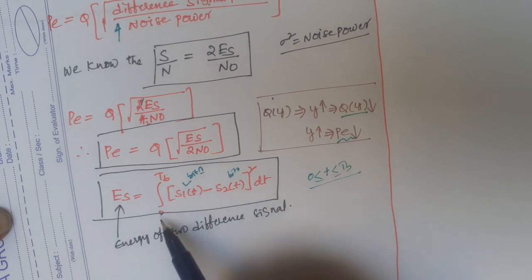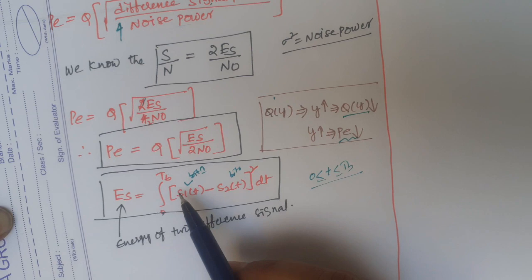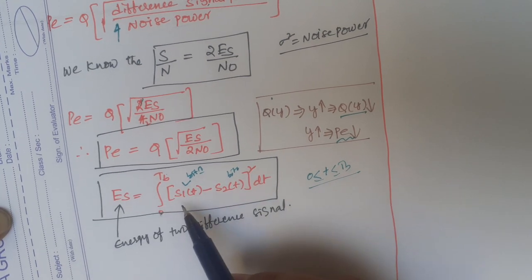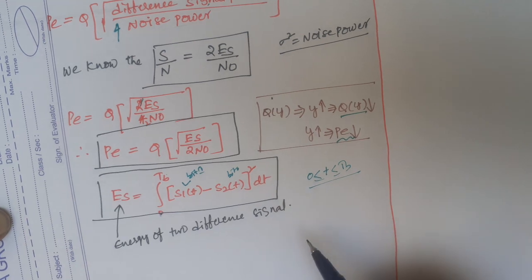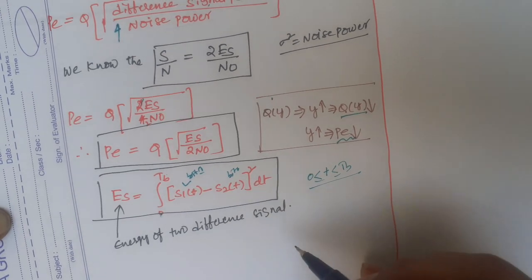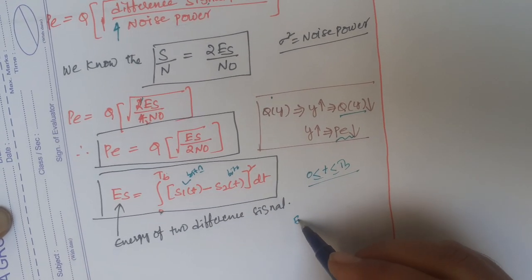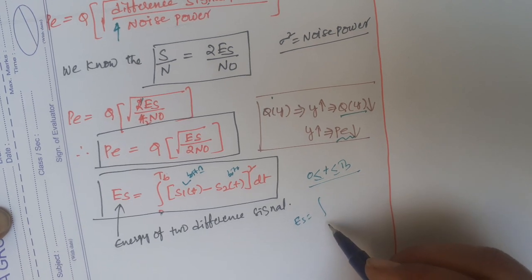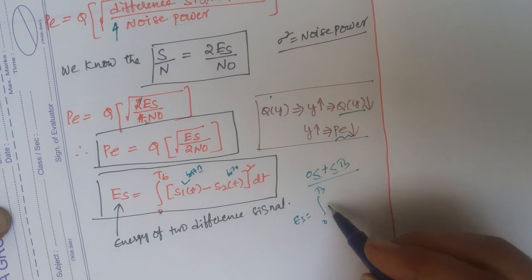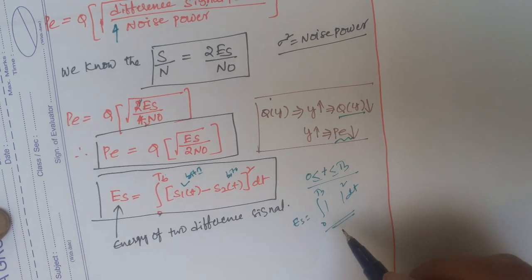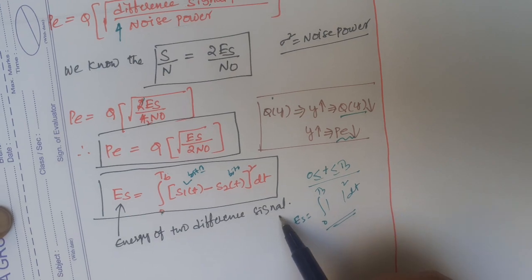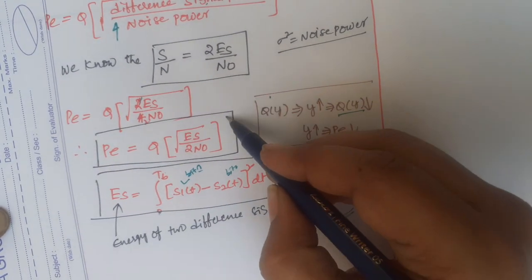So the energy between 0 to TB is represented as Es is equal to the integral of (S1 of t minus S2 of t) whole square into dt. Yes or no? We know that energy equation. So the energy equation is simply, for the limits 0 to TB, whatever the function, square into dt. So this is the signal energy, and the probability of error equation is this one.